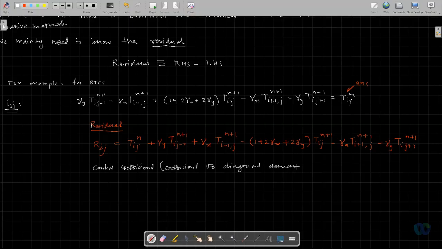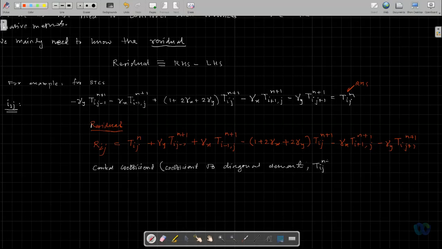What is the diagonal element in this case? Anybody? Sir, the Tij. Yes, Tij is the diagonal element. Very good. T ij n plus 1.